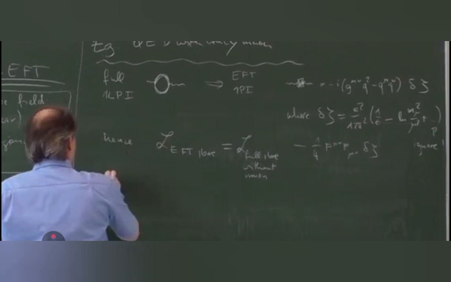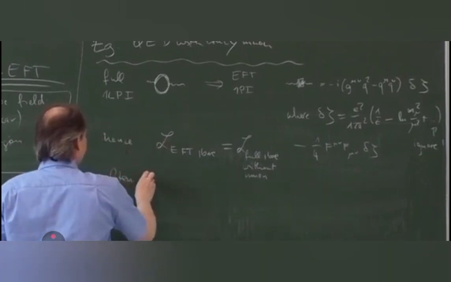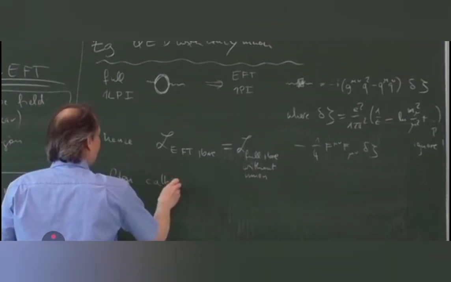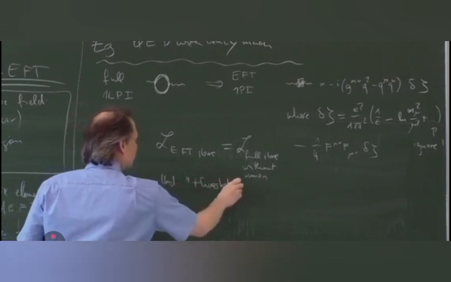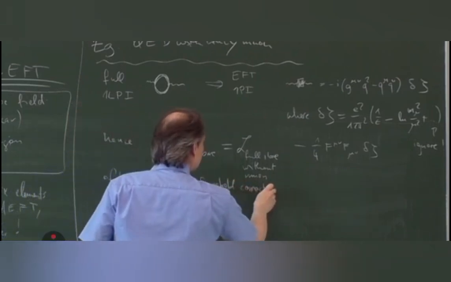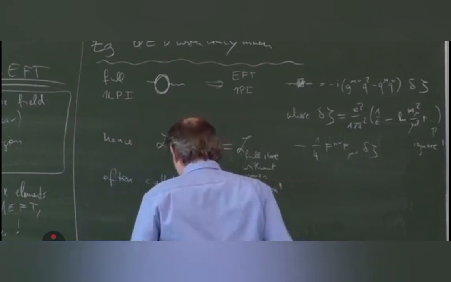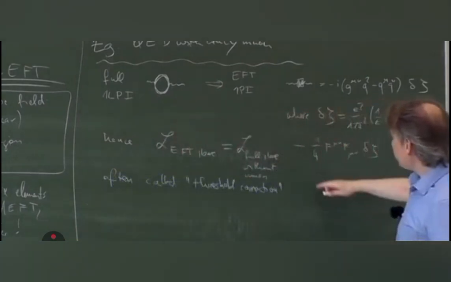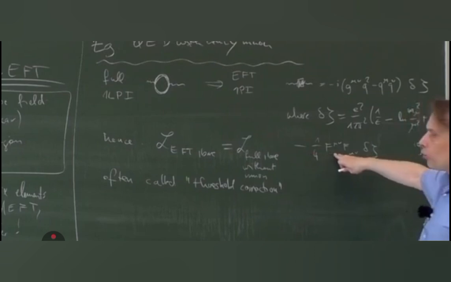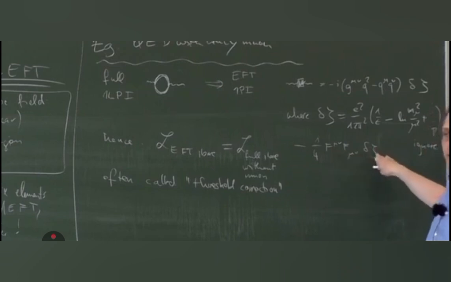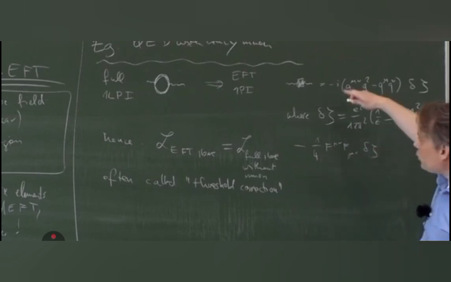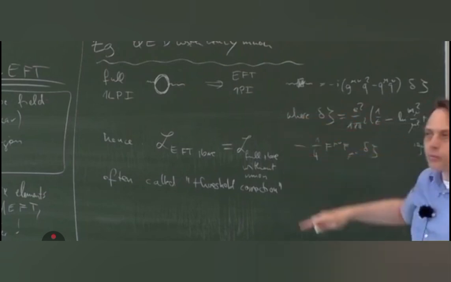Just also to mention, this is often called the threshold correction. The threshold correction, because we have a term in the original Lagrangian, F_μν, and the coefficient of the term is changed by this additional δζ when we go below the muon threshold.